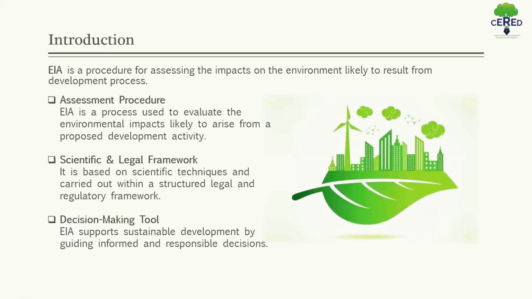So first, we understand about EIA. The EIA is an environmental impact assessment and is a process that evaluates the environmental consequences of proposed development before decisions are made. And it's a scientific tool also, embedded in a legal framework. So that it helps make informed choices balancing development and environmental sustainability.